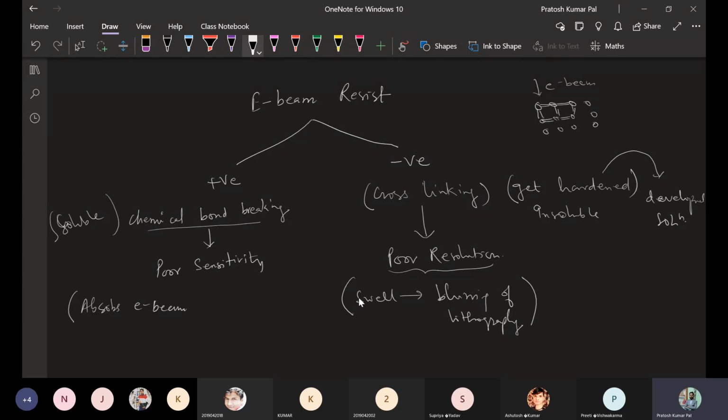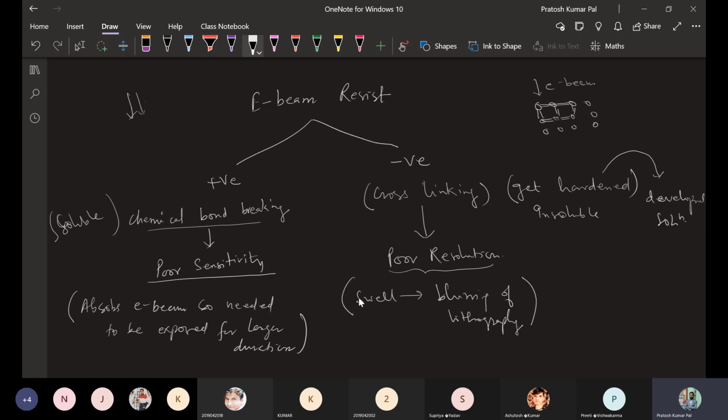That means it needs to be exposed for a larger duration. So as the e-beam needs to be exposed for a larger duration, the sensitivity to the e-beam is poor. That means it is not like once the e-beam is exposed, it will go on performing the reactions, like it will become soluble and clean or expose the semiconductor surface.